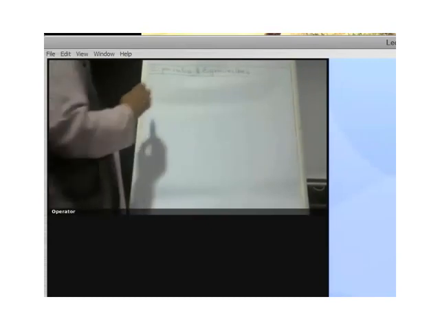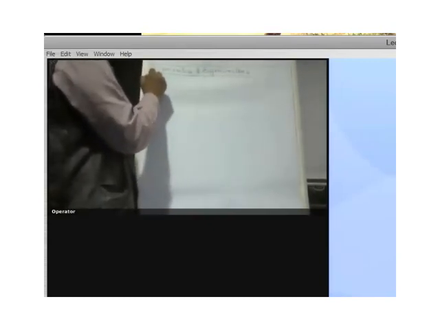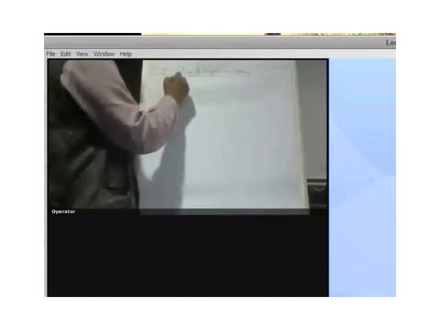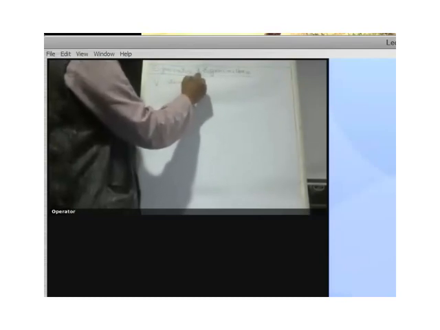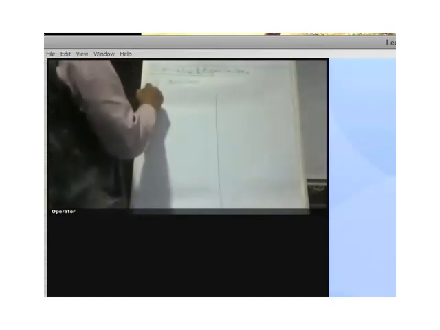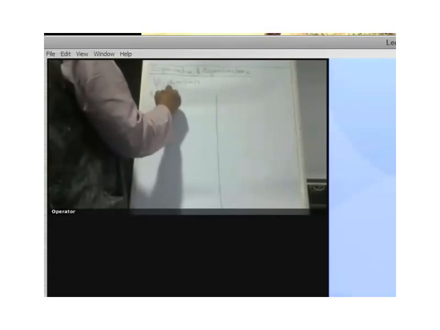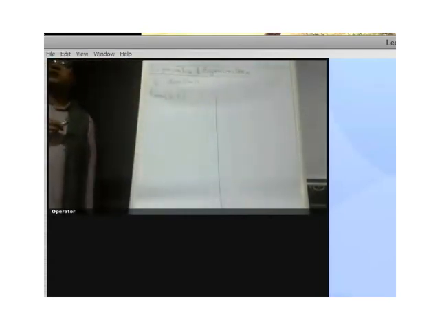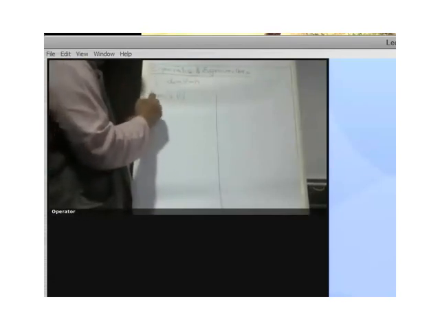Now, remember, suppose we take V to be a finite dimensional vector space, and the dimension of V is n. Now, we have seen two things side by side. One is all homomorphisms or linear transformations from V to V. This is a vector space.